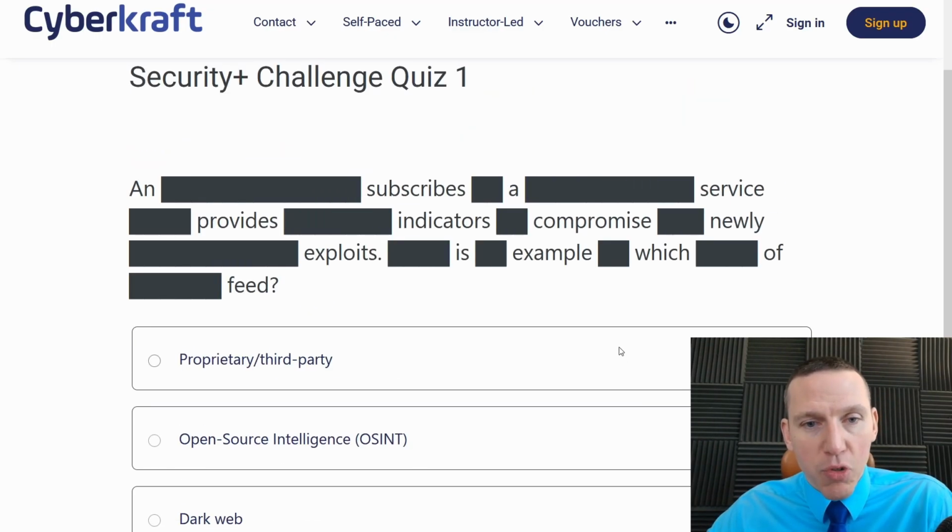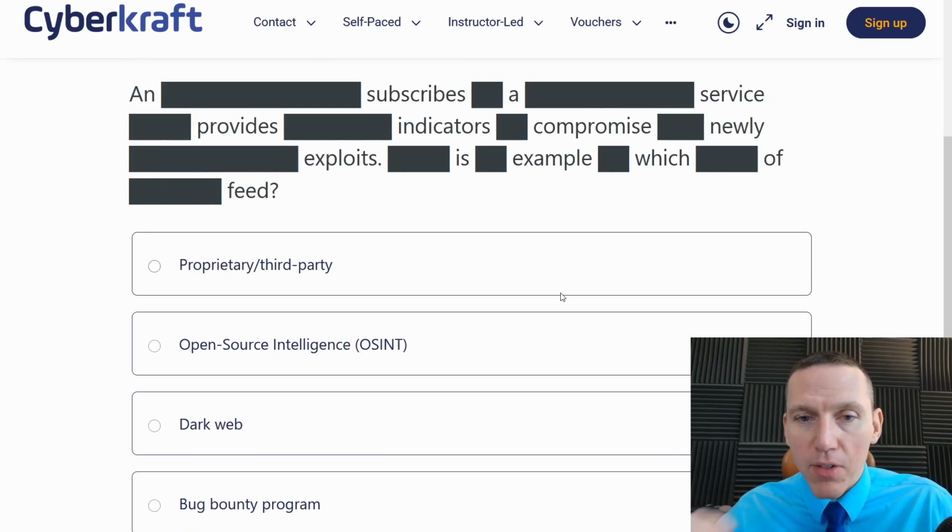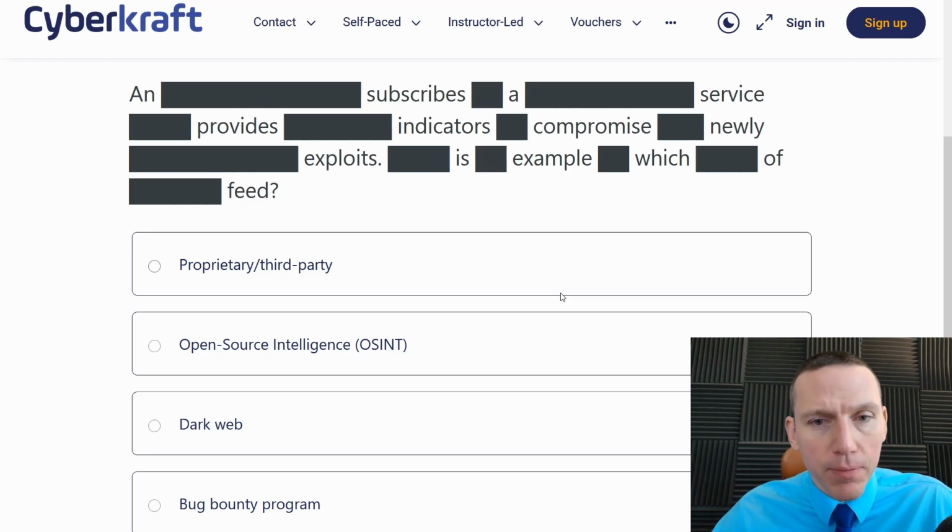Blank subscribes to a something service and provides something indicators that compromise newly blank exploits. What is an example of something feed? Threat feed. It's probably threat feed.